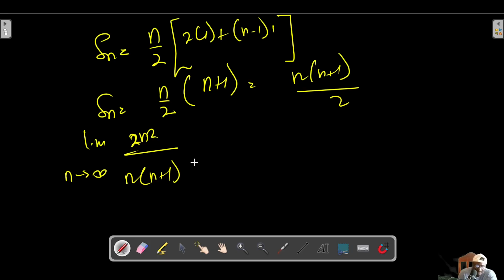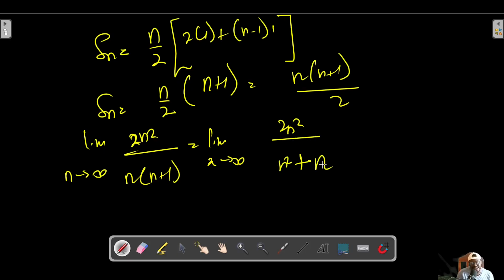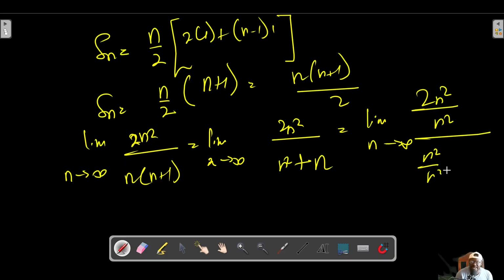So from here, you can divide through by the highest power, but then let us evaluate further: 2n squared divided by n squared plus n. So dividing through by the greatest power, what do we have? The limit as n approaches infinity of 2n squared divided by n squared, all over n squared divided by n squared plus n divided by n squared.